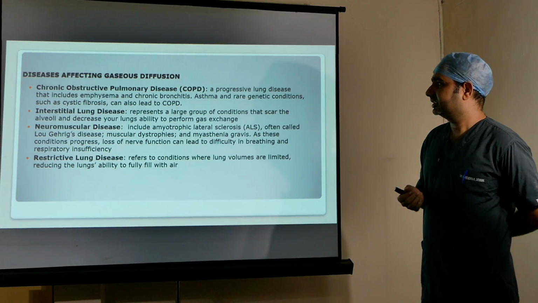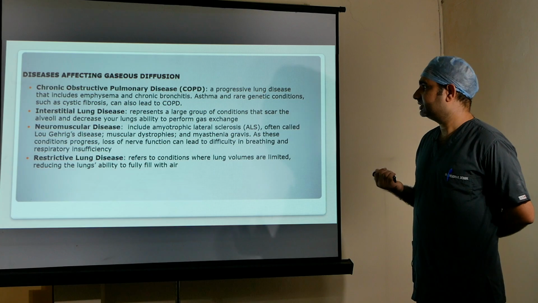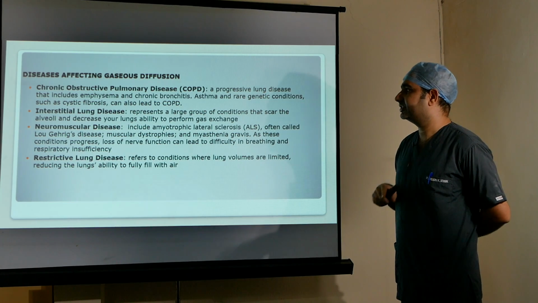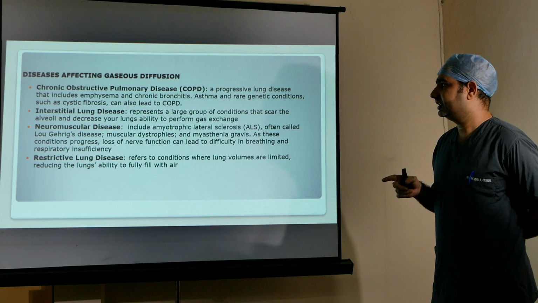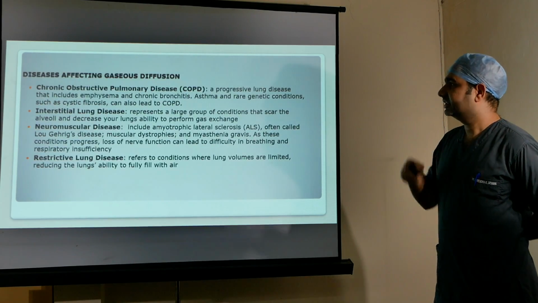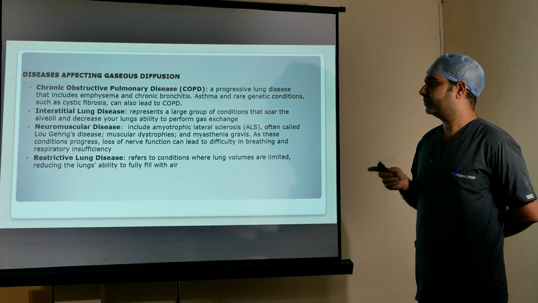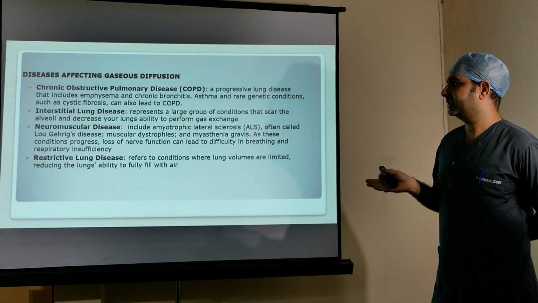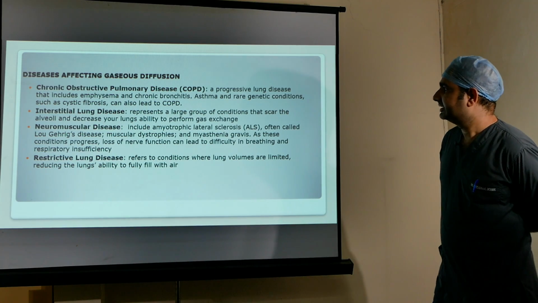COPD results in a reduction in the surface area of the alveoli, so that when the surface area is reduced, the amount of oxygen that is transferred from the alveoli to the pulmonary capillaries is reduced.